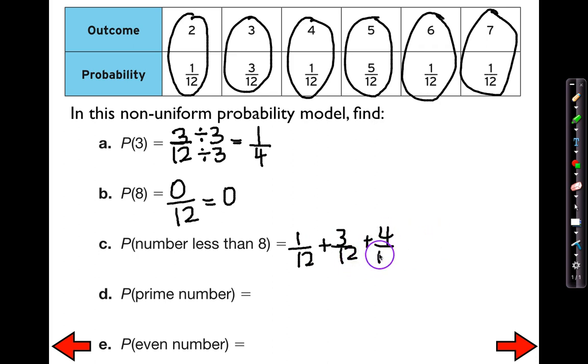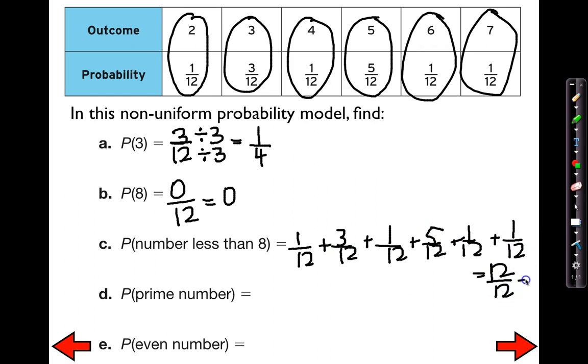Whoops, put the wrong number there. 1/12 for 4, 5/12 for 5, 1/12 for 6, and 1/12 for 7. If you add these up, you'd end up with 4, 5, 10, 11, 12. 12 out of 12, which reduces to 1, which means this is a certain probability. It's definitely going to happen.